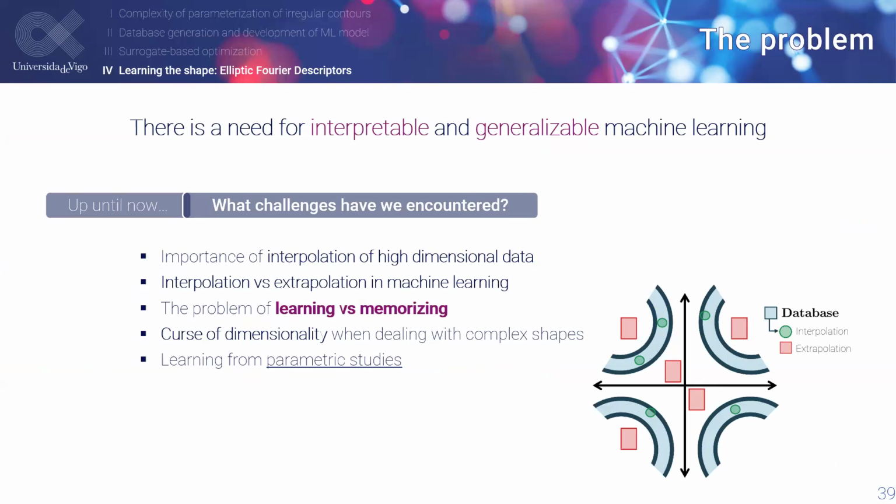So we wanted to investigate new possible ways to parameterize this geometry and avoid the data-driven model memorizing information, because at the beginning, as I've mentioned, we had a lot of geometries to learn from. But a common question could be, do we need all of them? We had 16,000 geometries, but probably not all of them would have been necessary.